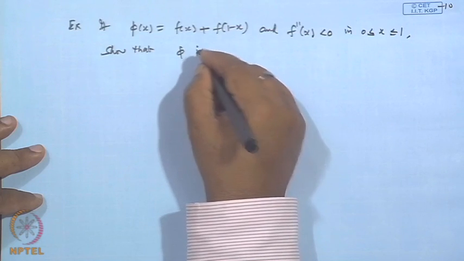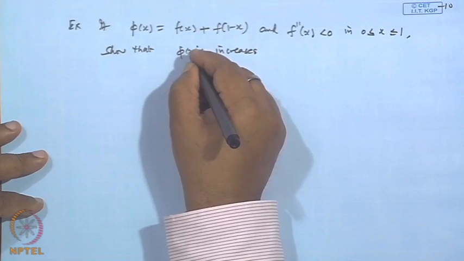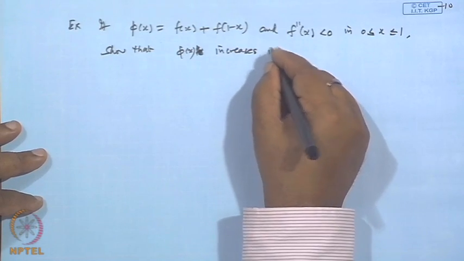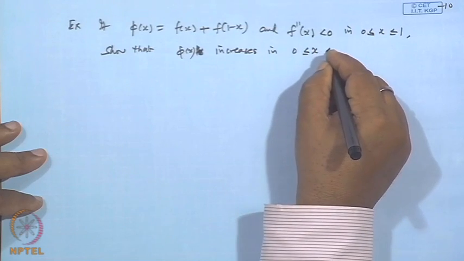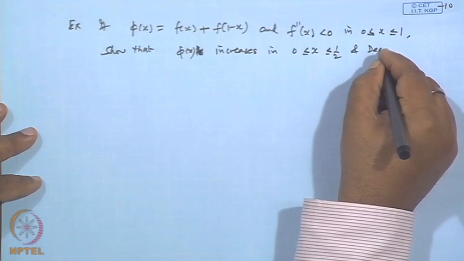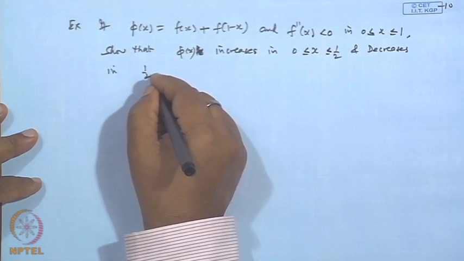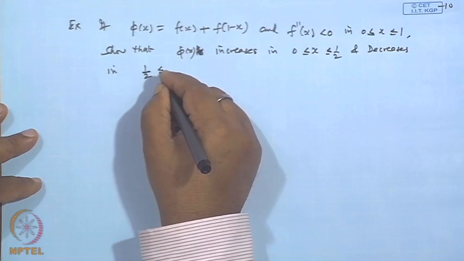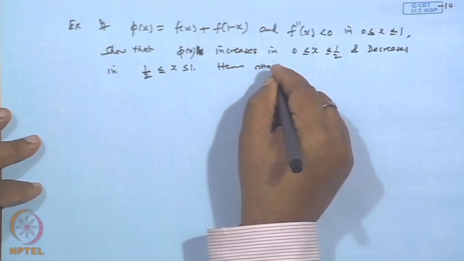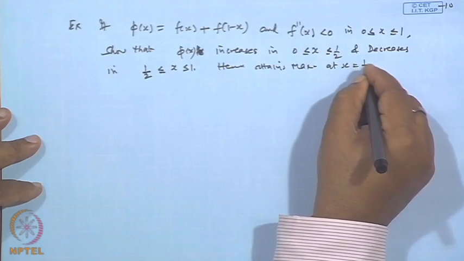Phi of x increases in the interval 0 less than or equal to x less than or equal to half, and decreases in the interval half less than or equal to x less than or equal to 1, hence attains maximum at x equal to half.